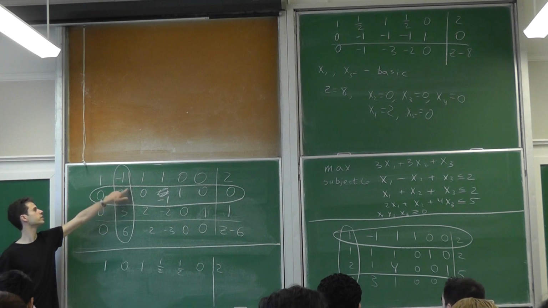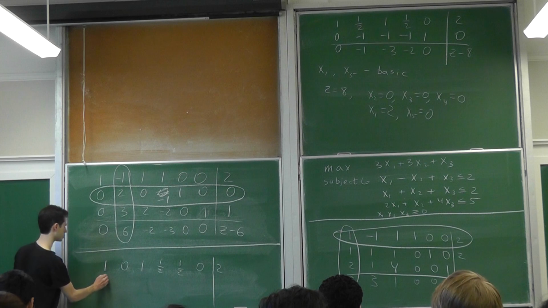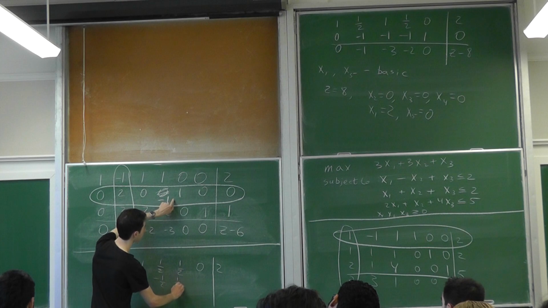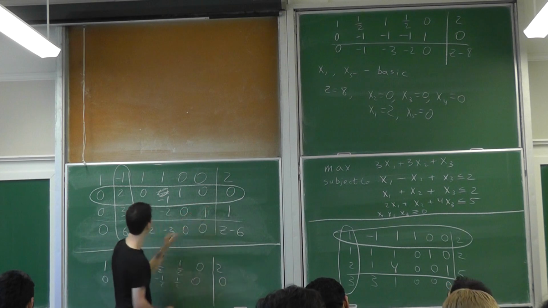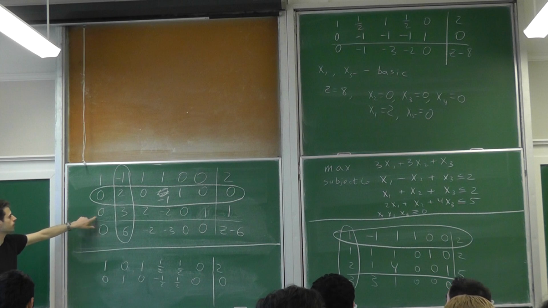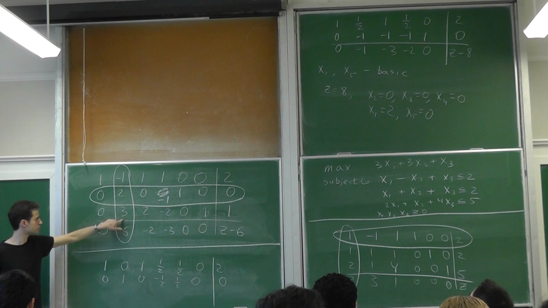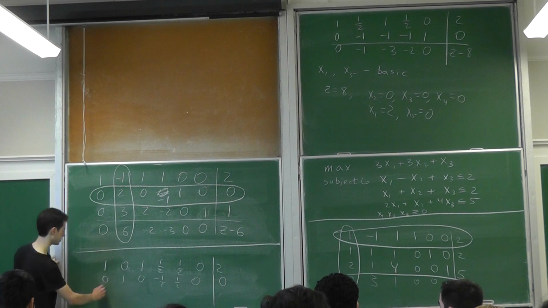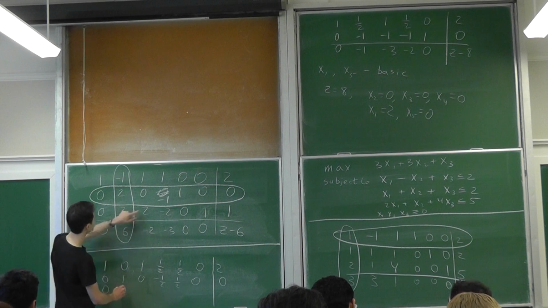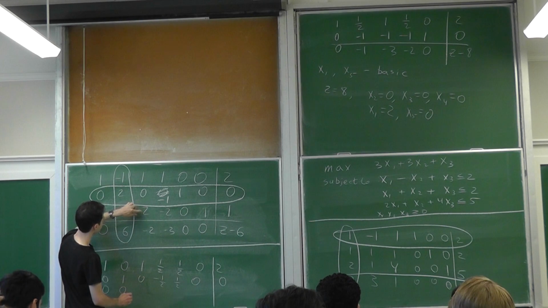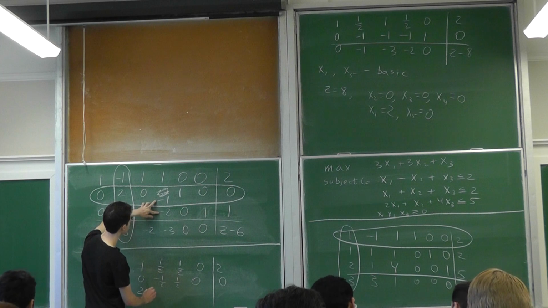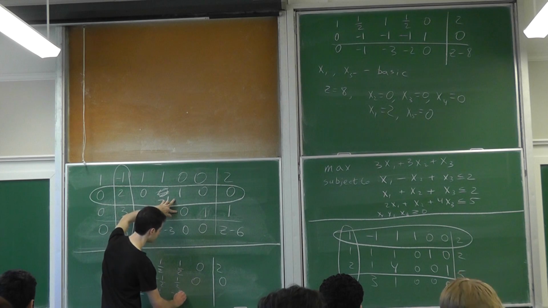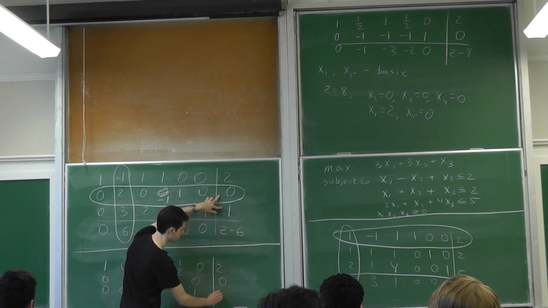Second one, I want to make this coefficient equal to 1, so divide everything by 2. Third row, I'll try to make this coefficient 0, so subtract 3/2 of the second row. So it will be 0, 0, this minus 3/2, 2 this minus 3/2, so minus 1/2, minus 3/2, 1, 1.